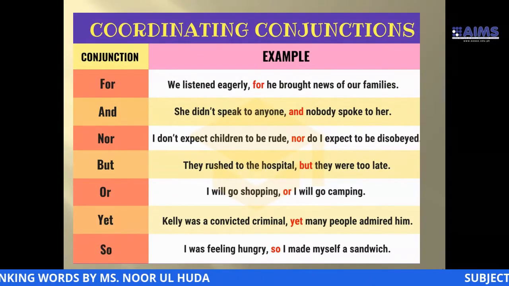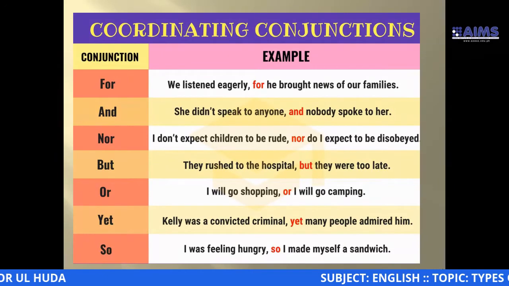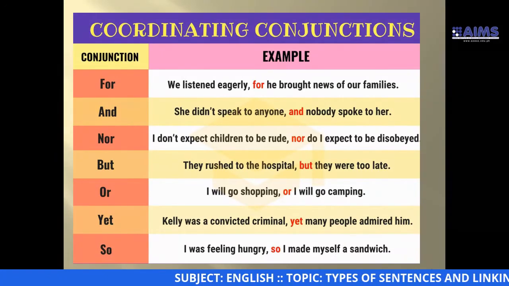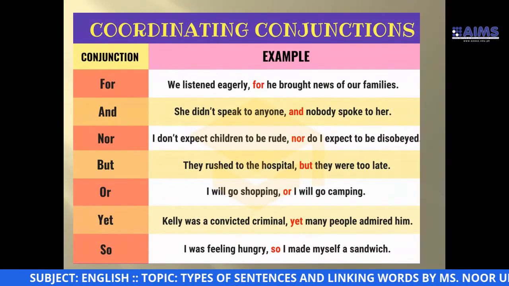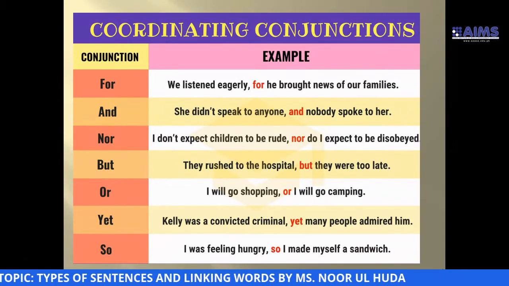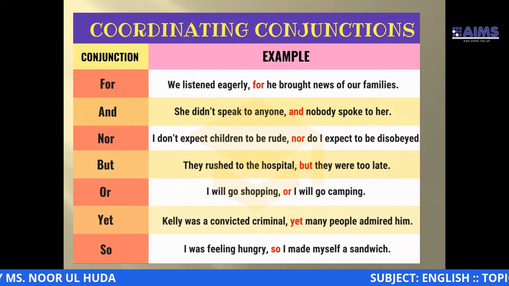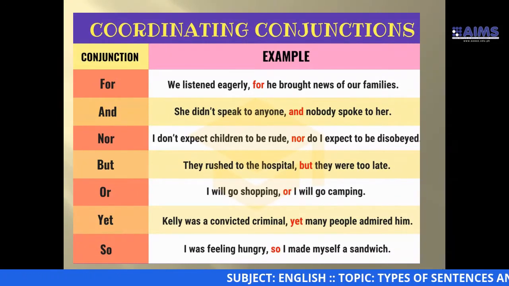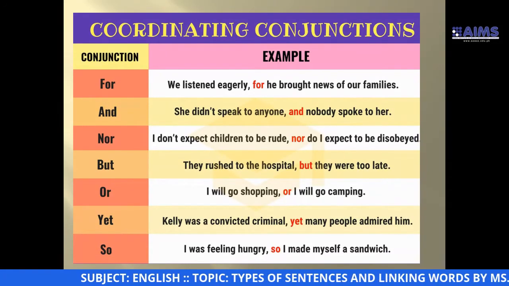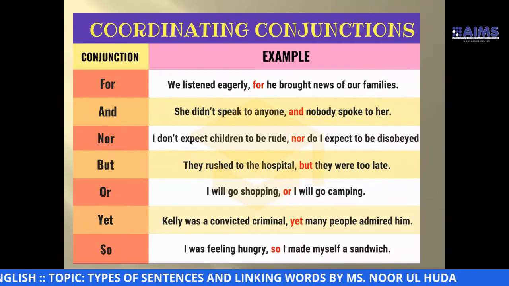We listen eagerly, for he brought news of our families. "He brought news of our families" is an independent clause. "We listen eagerly" is also an independent clause, but we want to merge both, so we can use different kinds of coordinating conjunctions, and here we have used "for."